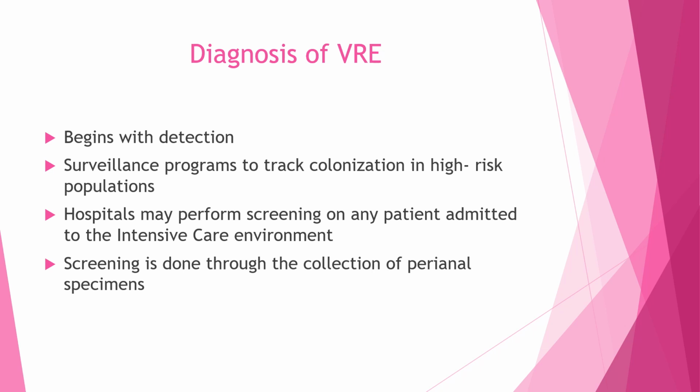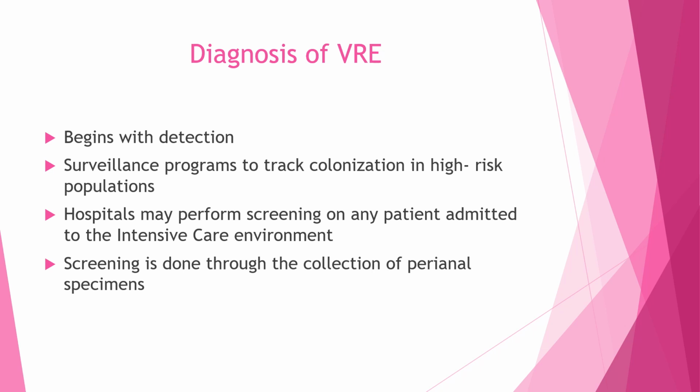So diagnosis of VRE, again, begins with early detection. So surveillance programs to track colonization in high-risk populations are instituted. Hospitals may perform screening on any patient admitted to the intensive care environment, and then screening is done through the collection of perianal specimens.